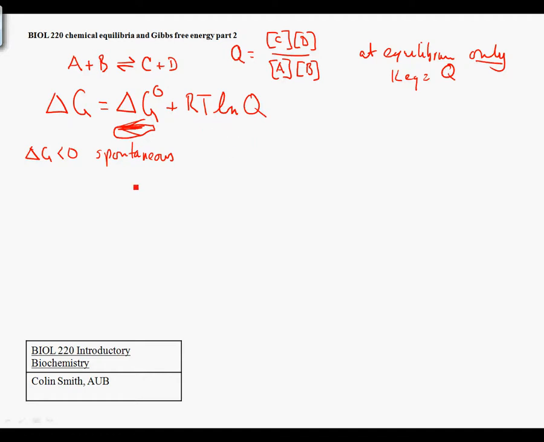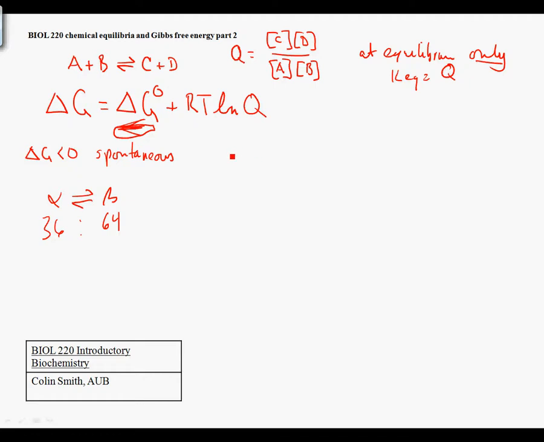Earlier, the example was with alpha and beta glucose, and the reaction shown here is such that at equilibrium we will see a 36 to 64 ratio of beta to alpha anomer. If it's at equilibrium, nothing happens, but if we alter those concentrations such that it's more alpha than beta, then the reaction will be spontaneous and delta G will be less than 0. So this is the way to understand that.